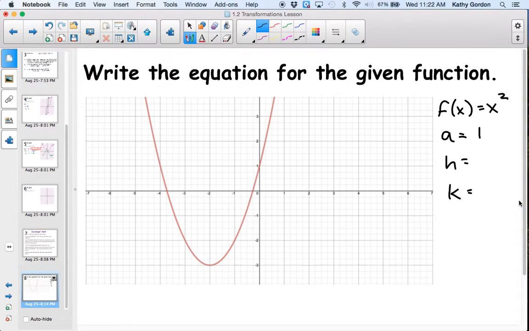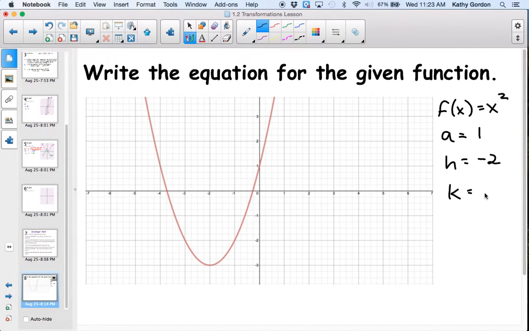How about the h value? How are we going to figure out the h value for this? Which way would the h value be transformed? Left or right. From a vertex that's normally at (0, 0), how far did my parabola have to move left or right? 2 to the left. So that means h is going to be -2. How about my k value? That's up and down. How far did it have to move from the original (0, 0) vertex?